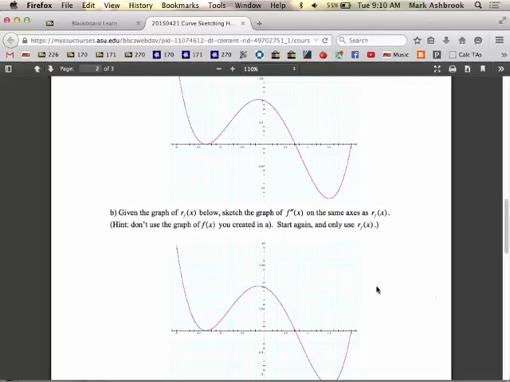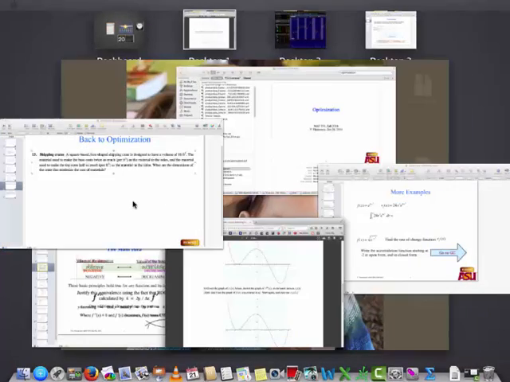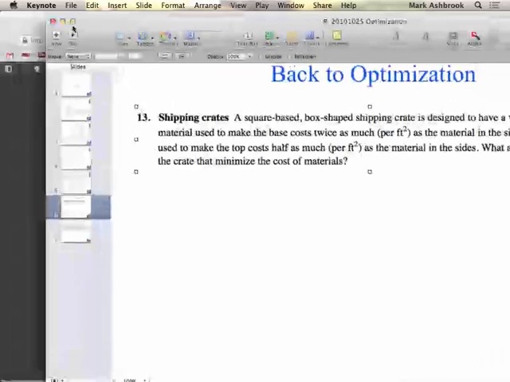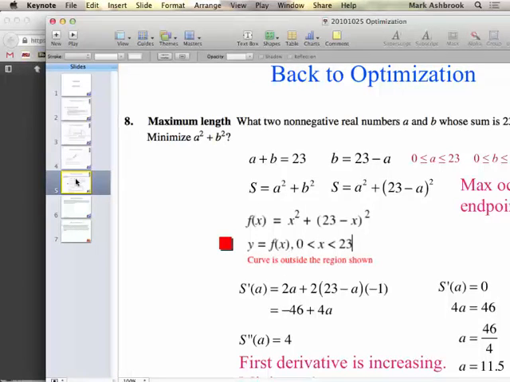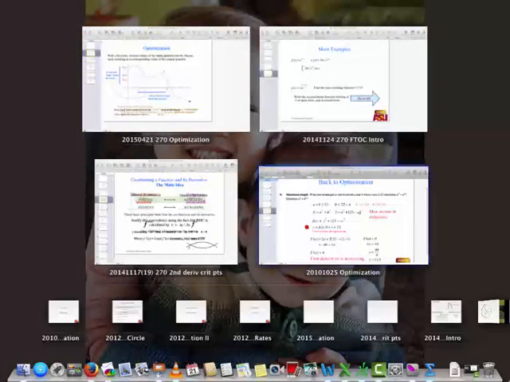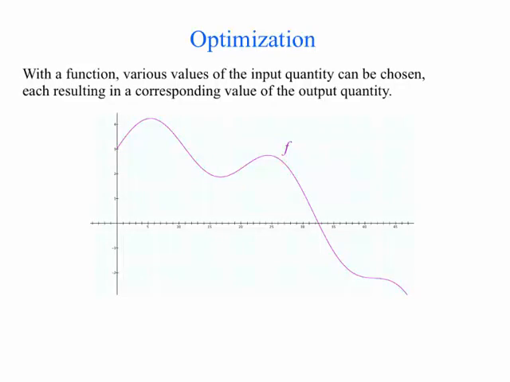Okay, other questions? Okay, so now we're entering this part of the course where we're going to do these optimization application problems.